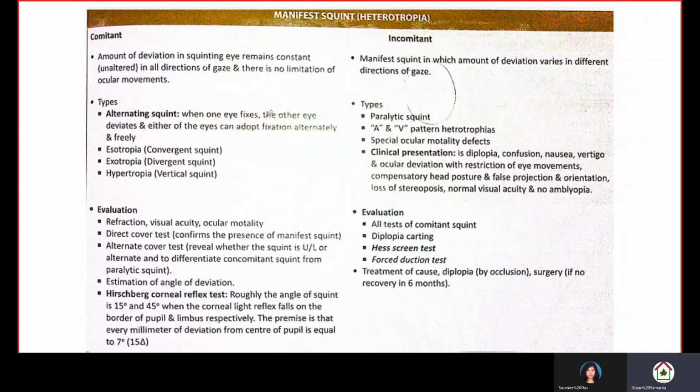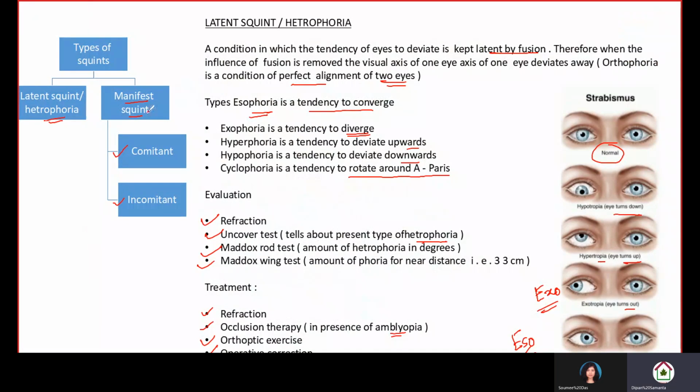Now next is manifest squint or heterotropia. This is heterotropia.